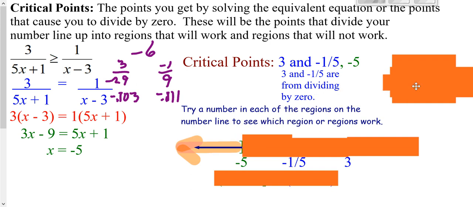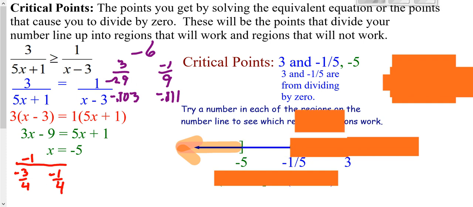So then I could try a number in between, like say -1, plugging stuff in. If I try -1, plugging it in here, I get -3/4. Plug -1 over here, I get -1/4. -3/4 is farther to the left on the number line, so it means it's less than this. And I'm not looking for that, I'm looking for greater than, so it does not work.